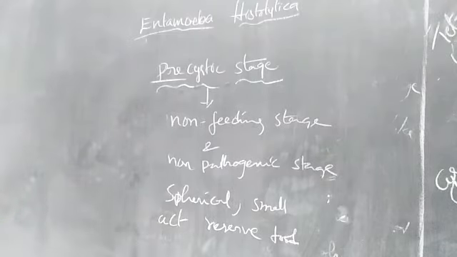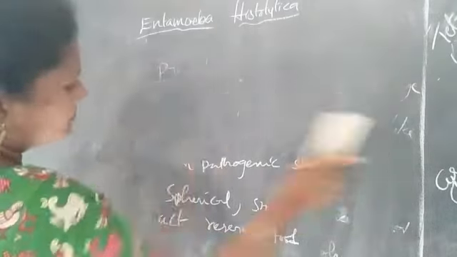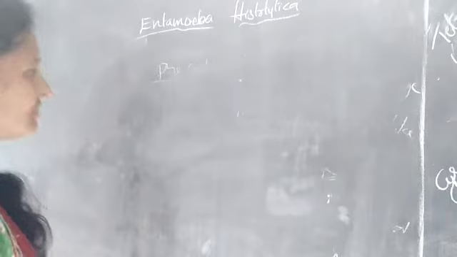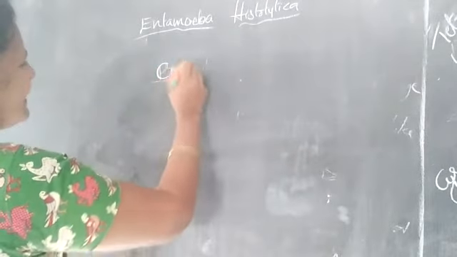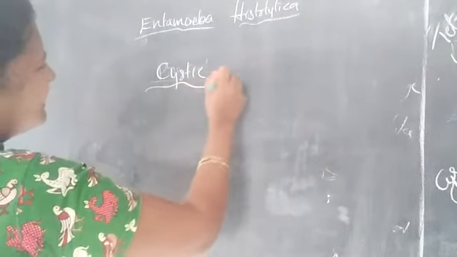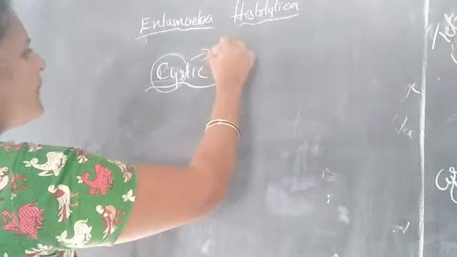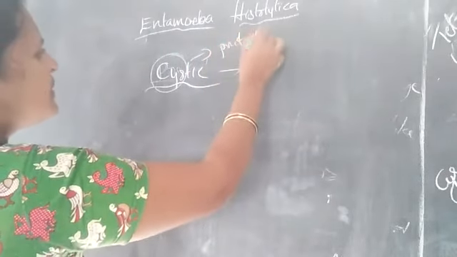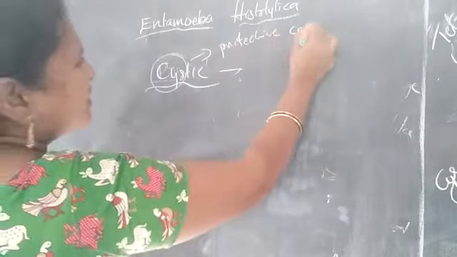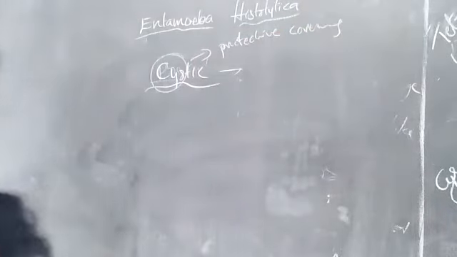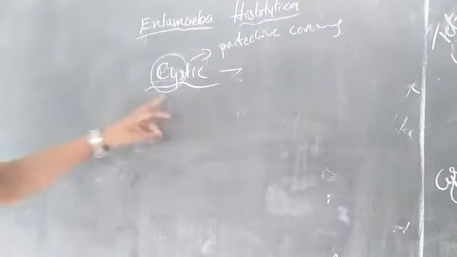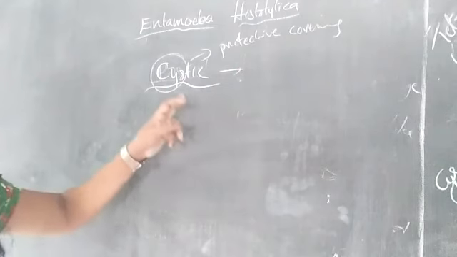And next one, the cystic stage. What is a cyst? A cyst is a protective covering, a sac-like or pouch-like structure.